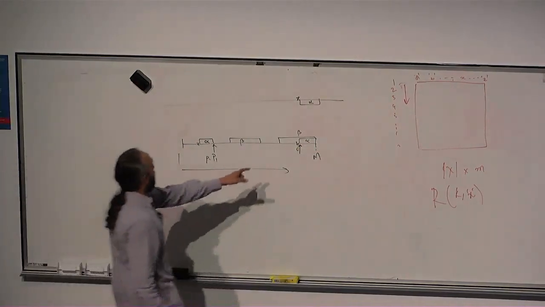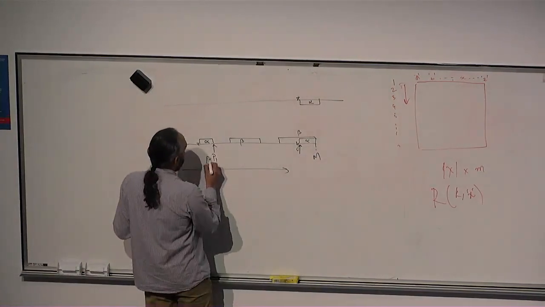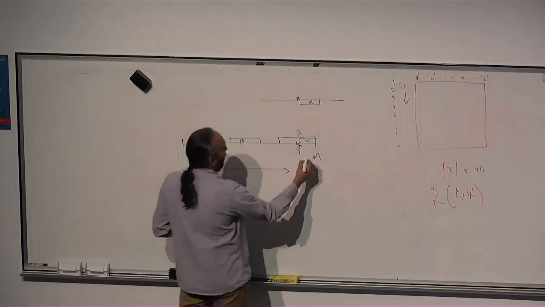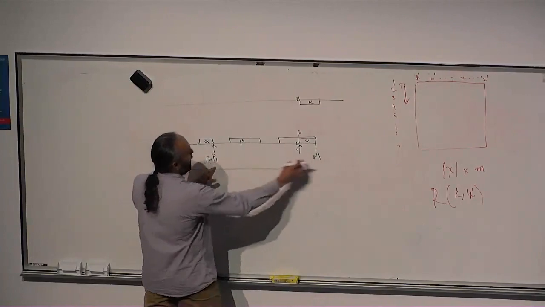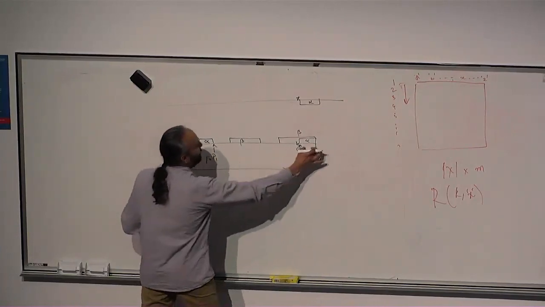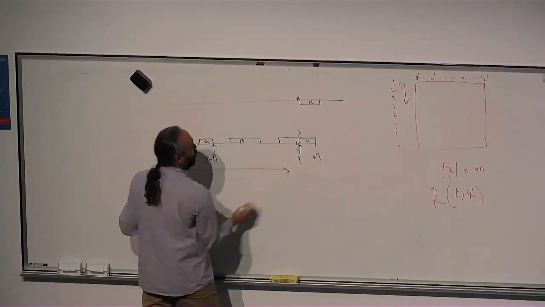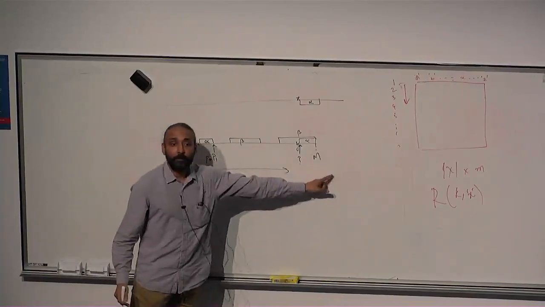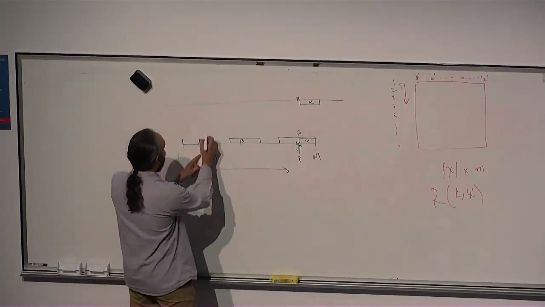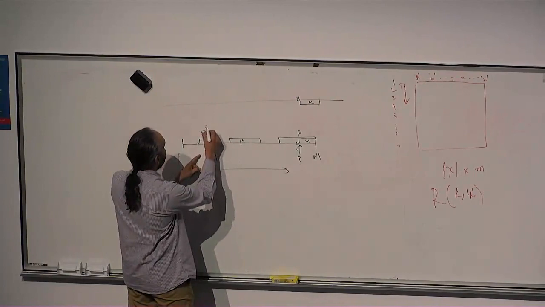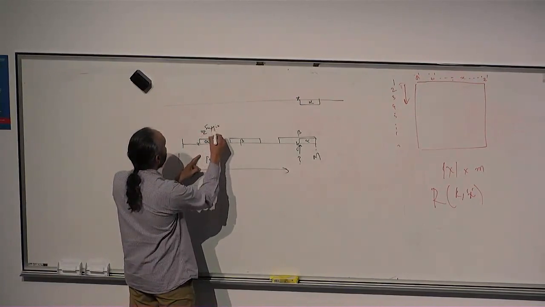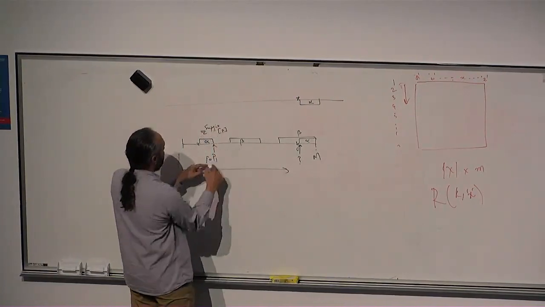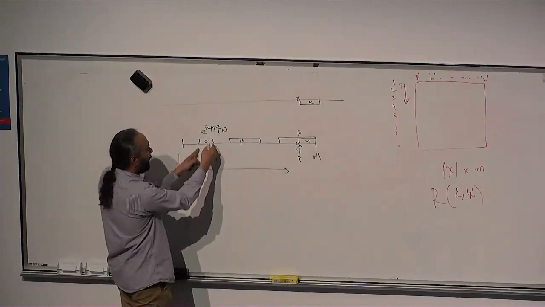Now, if P was P1 and this P1 matches, so this alpha matches that, what would be that position with respect to m? We know that the length of that is Z suffix of P. Okay, P is P1, Z suffix of P would be the length.